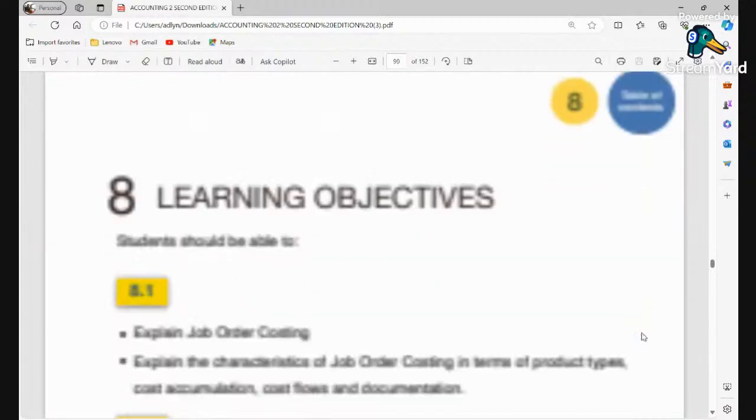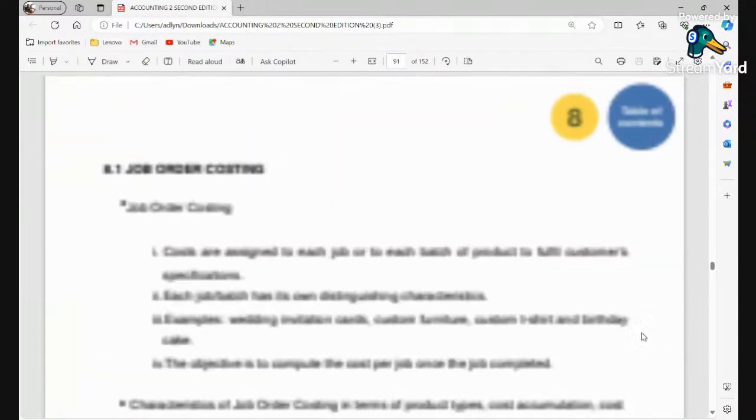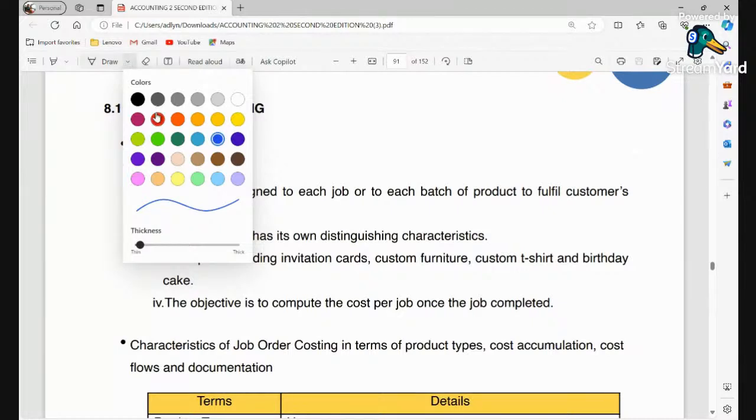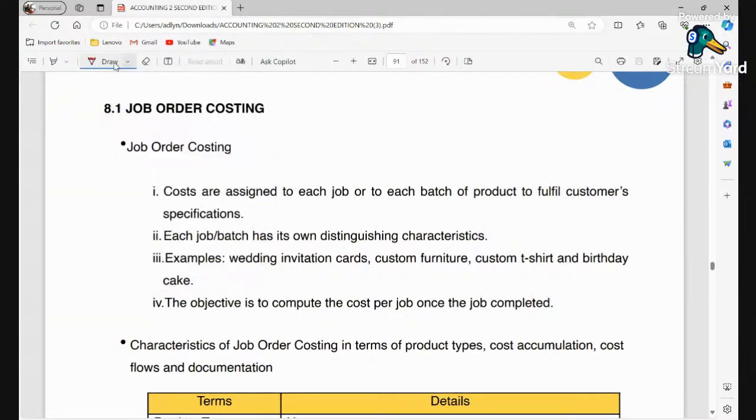So what is actually job order costing? As you can see in your notes, job order costing is costs that are assigned to each job. That means this is a costing that is specifically assigned to a certain job, or each batch of products to fulfill customers' specification.